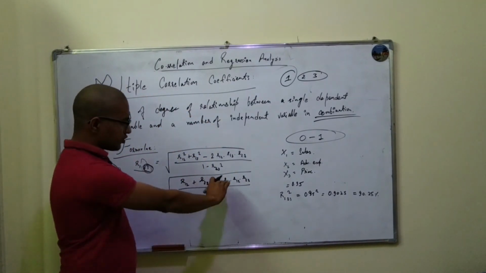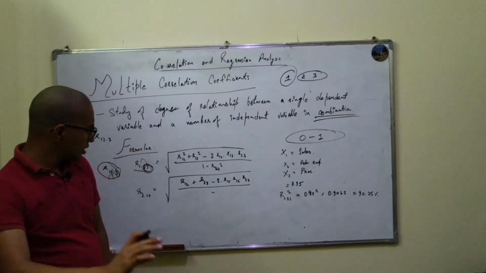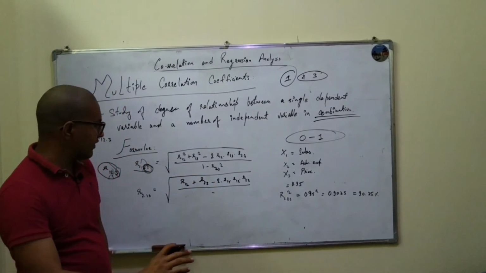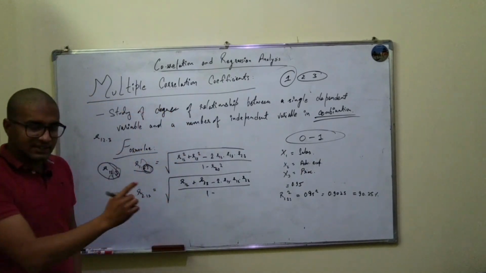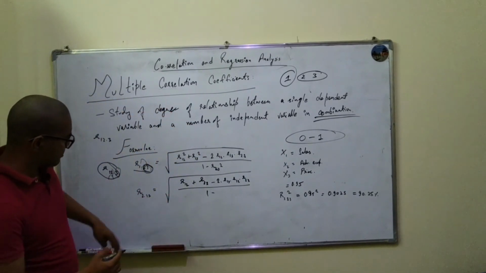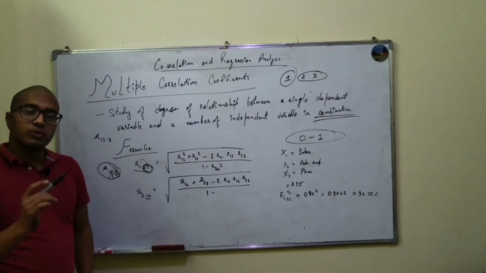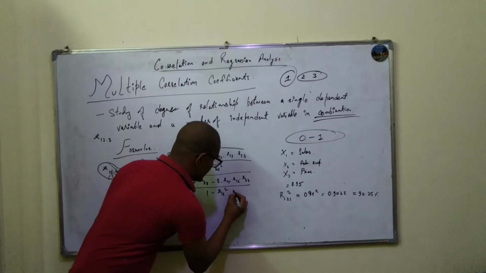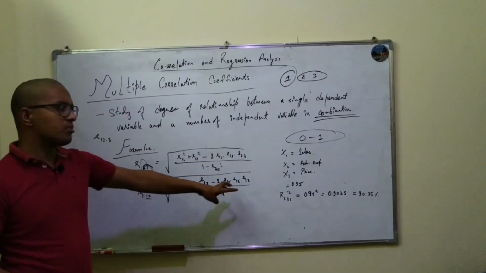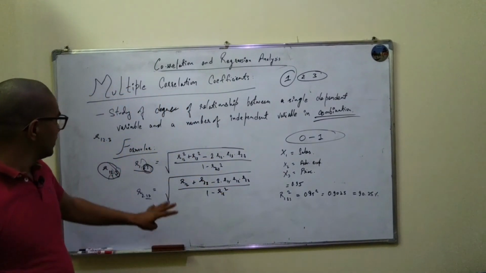So minus 2 times all three correlations between the three variables, okay. After that, we take 1 minus R23 squared, whatever number is behind the point, right? So this is how we compute the formula for this, okay.